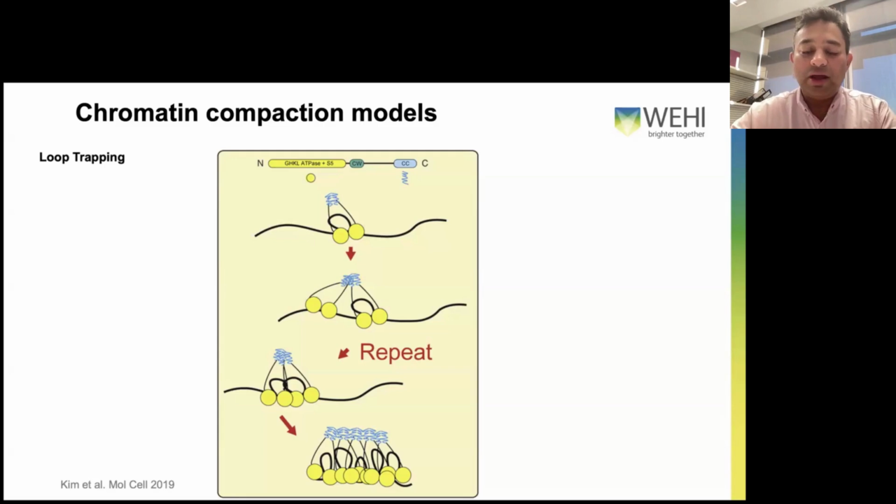So we wanted to probe which mechanism MORC2 follows. One important note here is that in MORC1, they showed that for this loop trapping based compaction to happen, you only require ATP binding, but not its hydrolysis. Whereas in our case, I've already shown you in previous slides that you indeed require ATP hydrolysis, very similar to the way the SMC proteins require ATP hydrolysis to cause compaction.